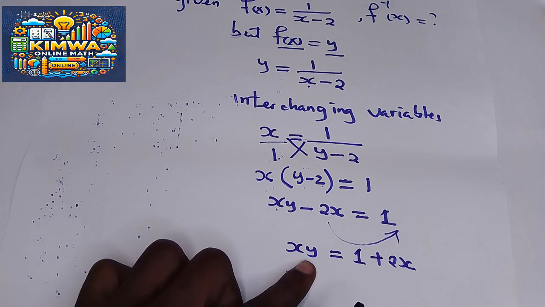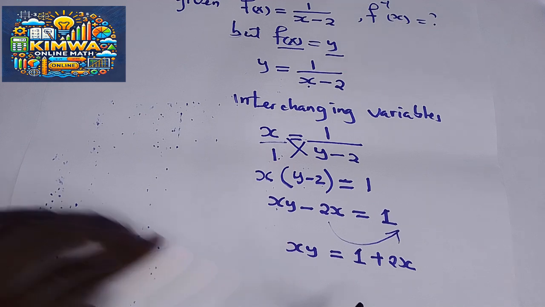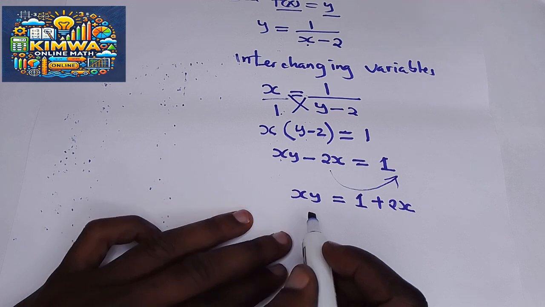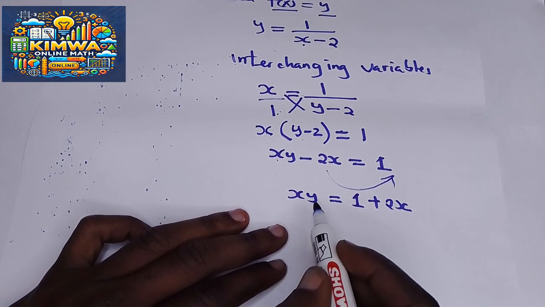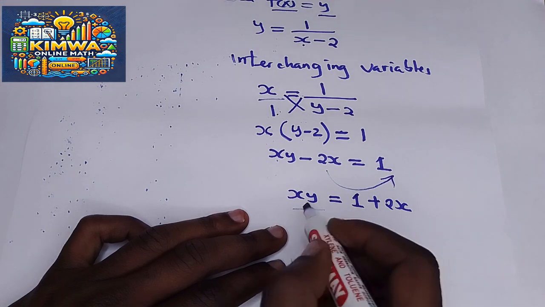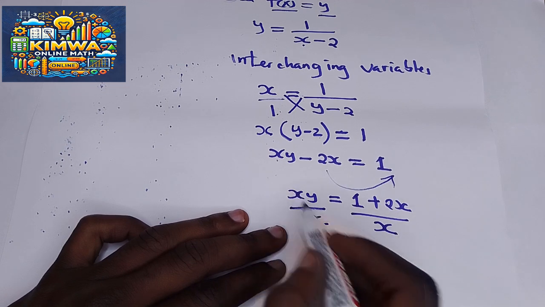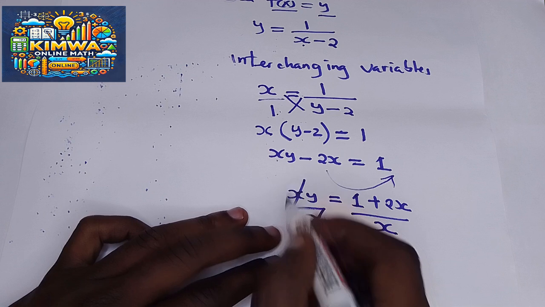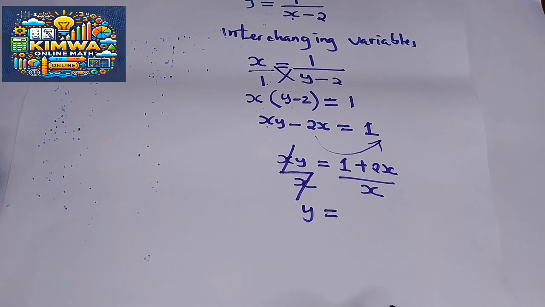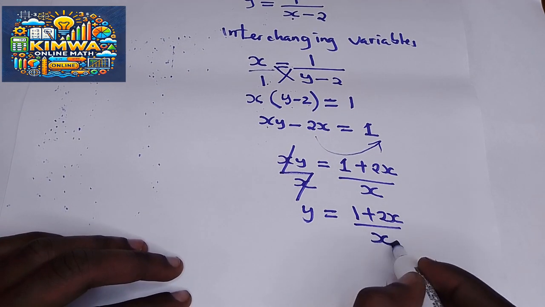Still, y is not alone here, so we are supposed to remove x. How can we remove x here? We are going to divide by x on both sides in order to make y alone on the left hand side of the equation. So x divided by x cancels, and the left hand side remains with y, which is equal to 1 plus 2x over x.